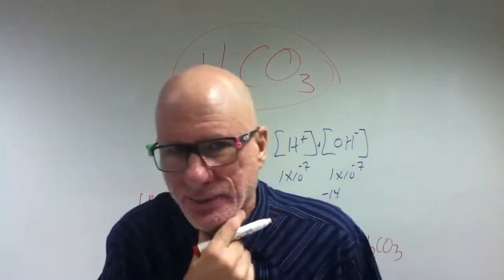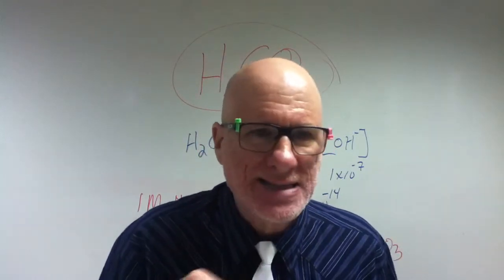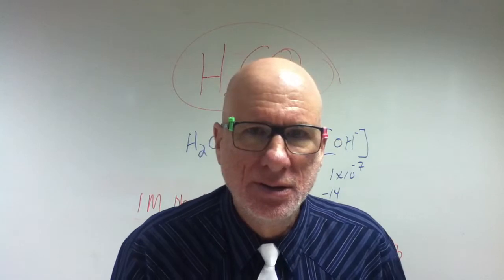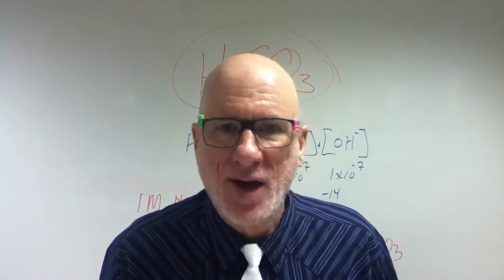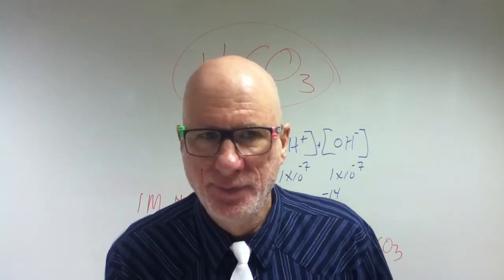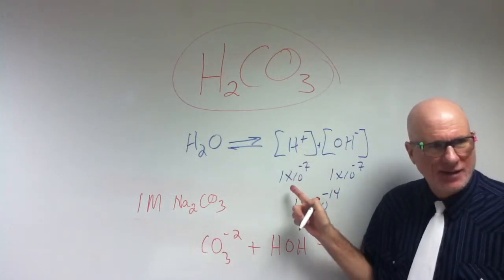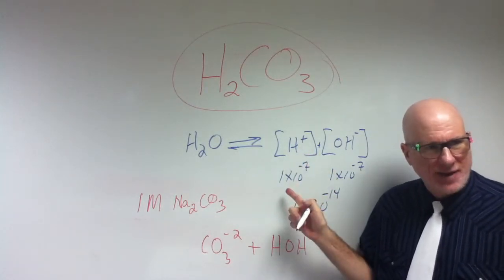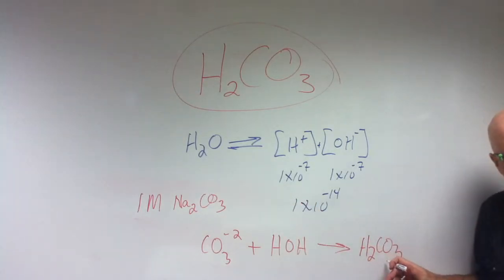Remember I said that water has this natural quantity of hydrogen ions in solution. Remember I said that? So it's going to get it really from here, isn't it? Right? It's going to get it from here, correct? Yes or no? And I'm going to produce the carbonic acid.